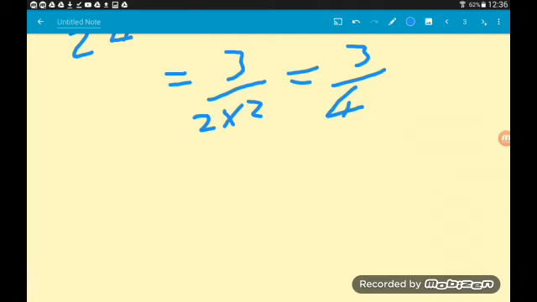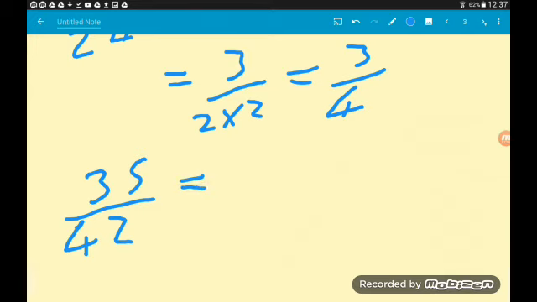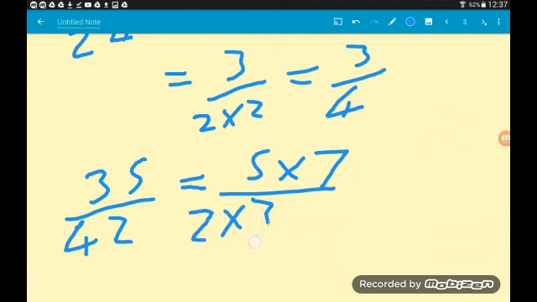Let's go for 35 over 42. Now we're going to use the method with the product prime factors here. You might not need to, but it will always work. So 35 as a product of its primes is 5 times 7. 42 is 6 times 7, which is 2 times 3 times 7.